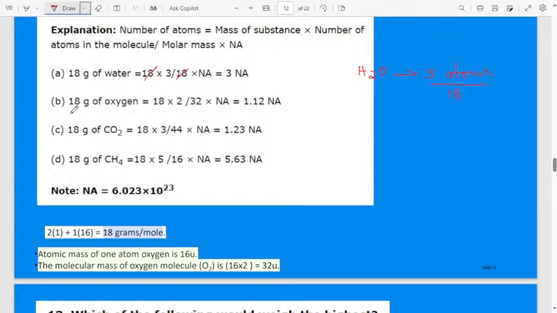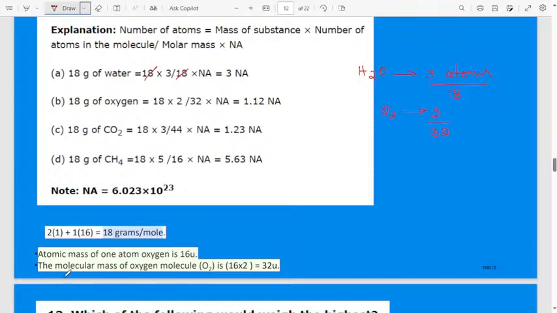In the same way, 18 grams of oxygen. Molecular mass of oxygen, how many atoms are there? 2, O2. Then divided by molar mass. Molar mass is 32 because the atomic mass of one atom of oxygen is 16 units.